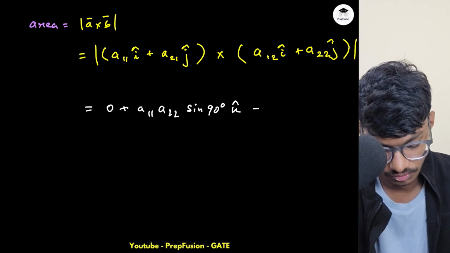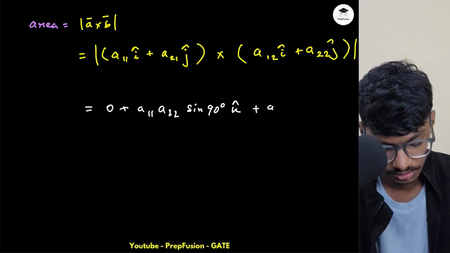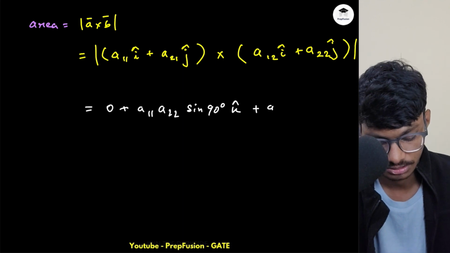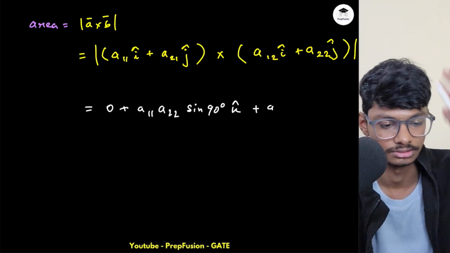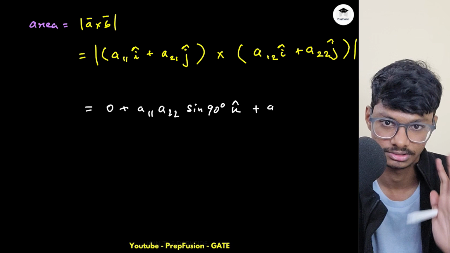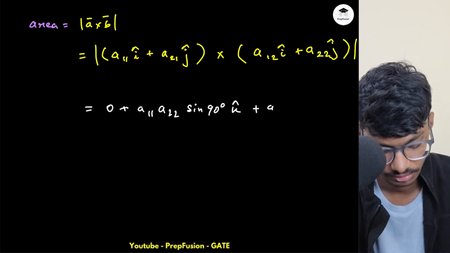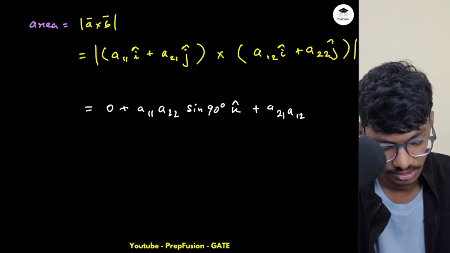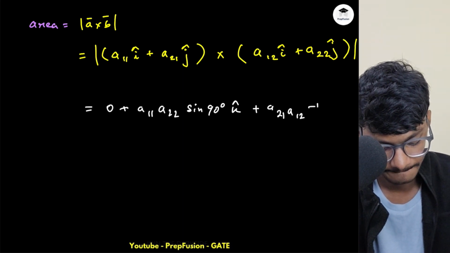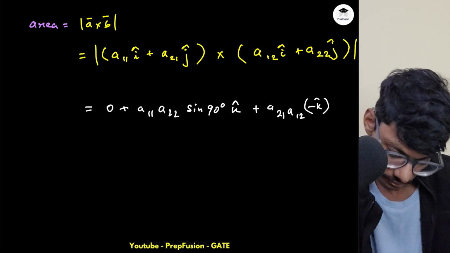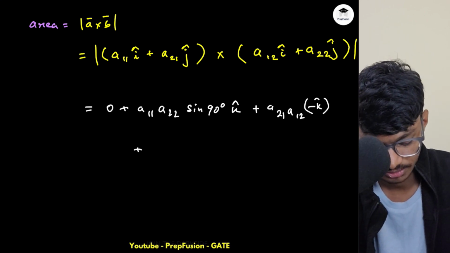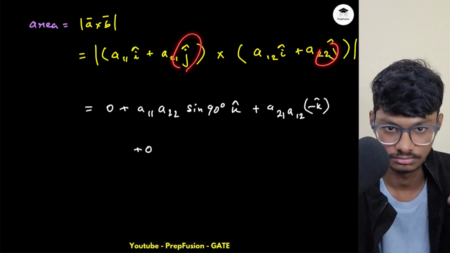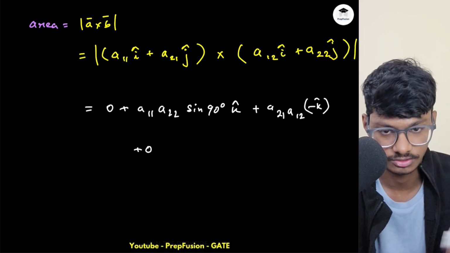So plus A21 A12, J cross I is minus K. If you don't know, don't worry, we'll study this in vector algebra and I will visualize it for you there. We just don't have time for everything right now. So this will be minus K cap, and then again plus 0, because J cross J is 0 itself, as sine 0 is 0.